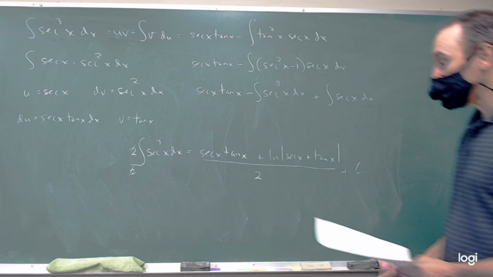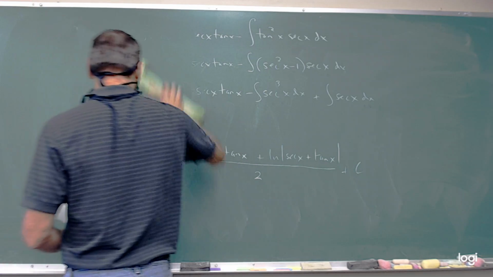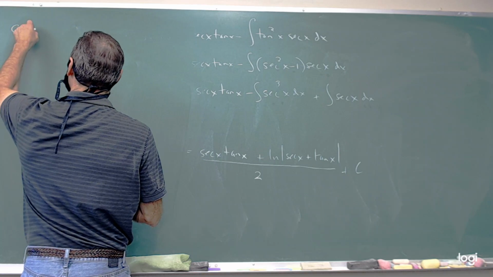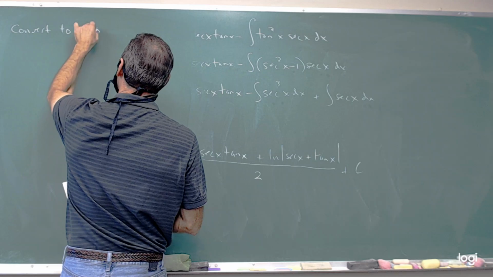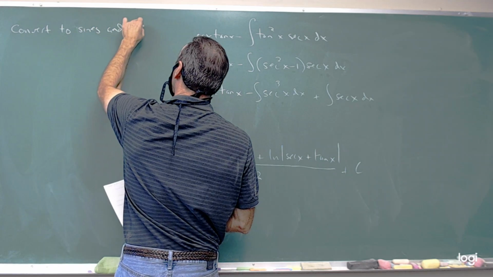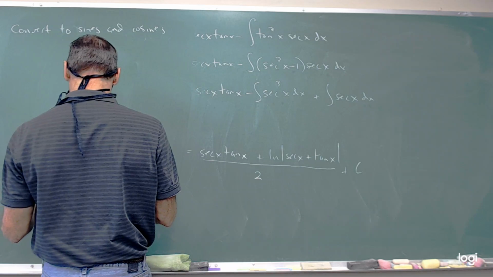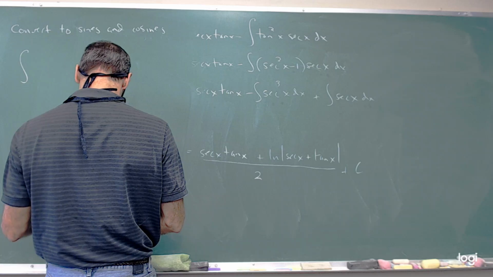Okay, sometimes you do have to convert to sines and cosines when you just get stuck. So you guys want to try this one? This one you're going to end up having to convert to sines and cosines, and then it's like what we were doing earlier with the integral of different powers of sines and cosines.